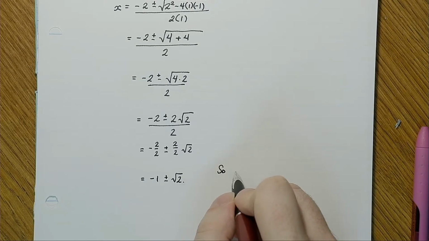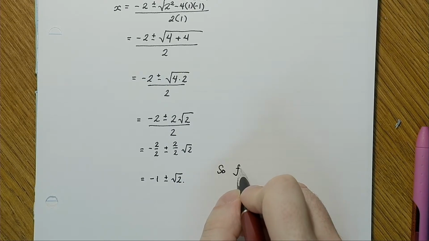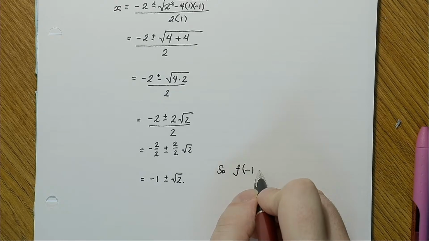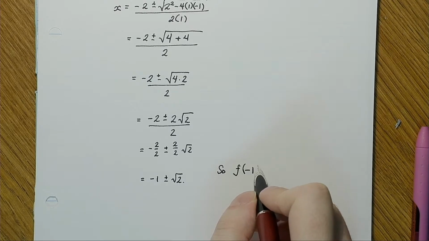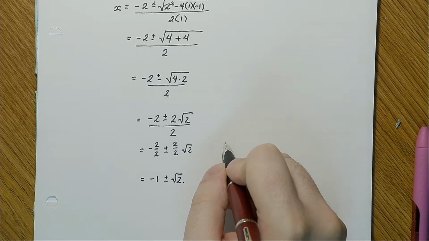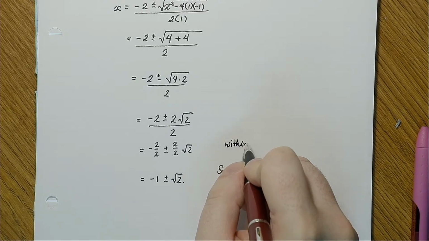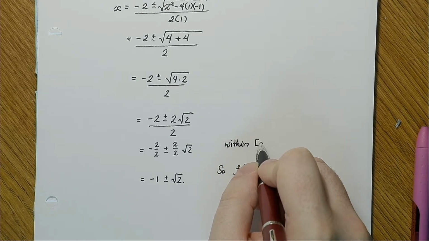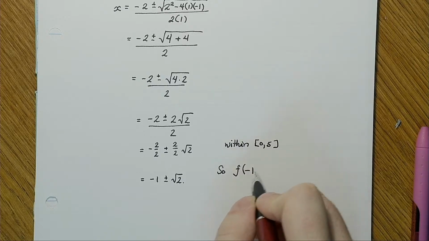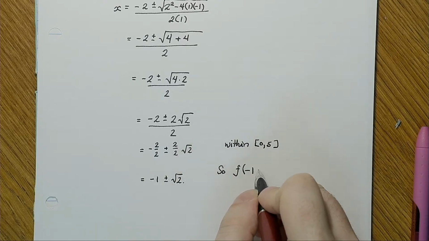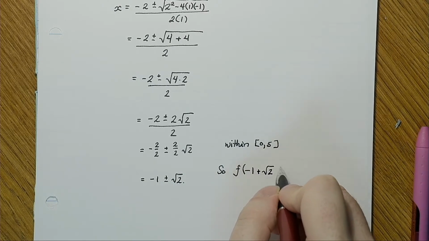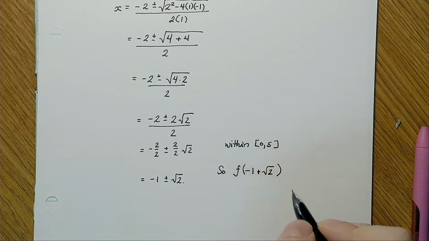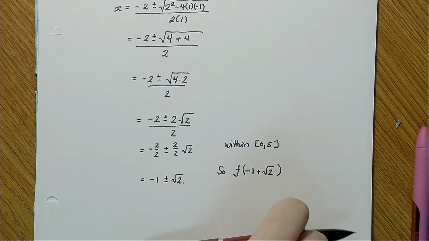So then the value that we want is actually f of minus 1, because we've got to be within that interval of 0 and 5 that we were looking at, it's going to be minus 1 plus square root of 2. Now if you're really worried about that, hopefully I remember what the square root of 2 is.